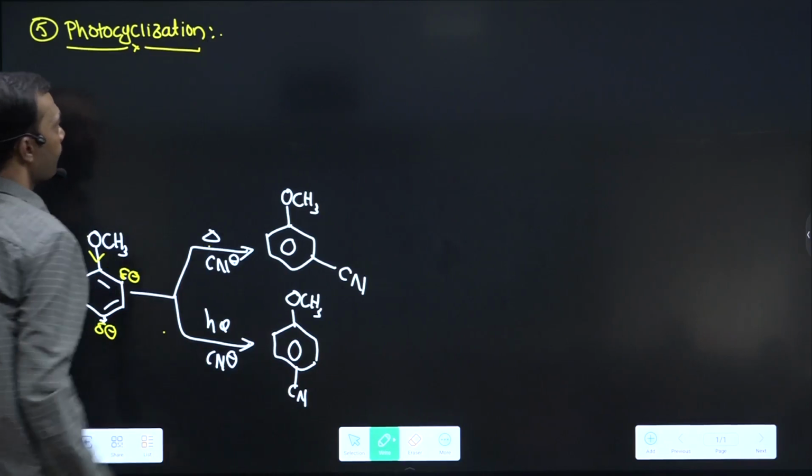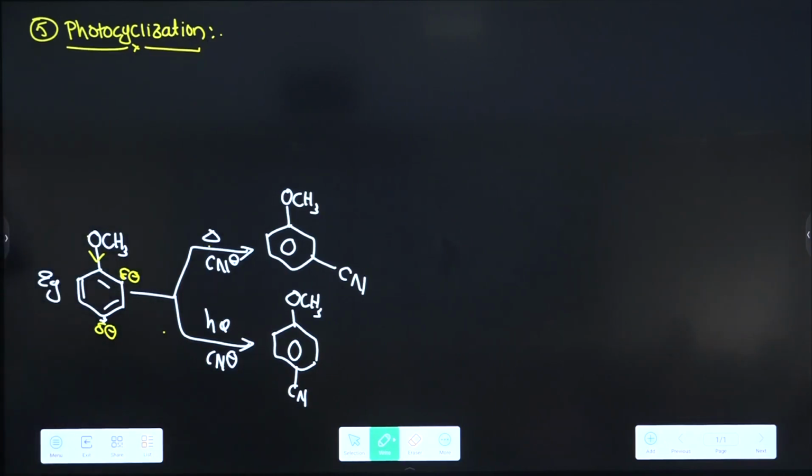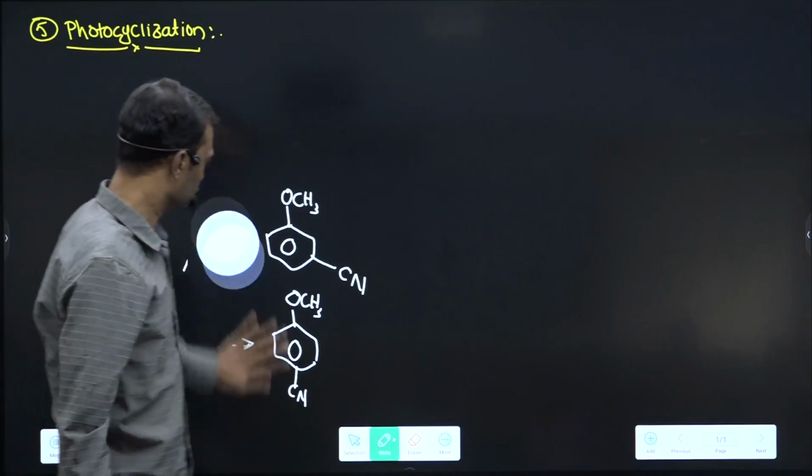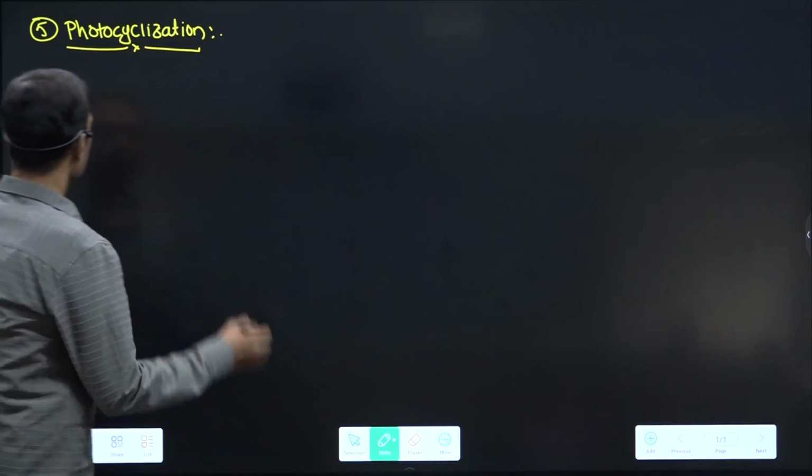Photocyclization. So this is a direct reaction, we can write.